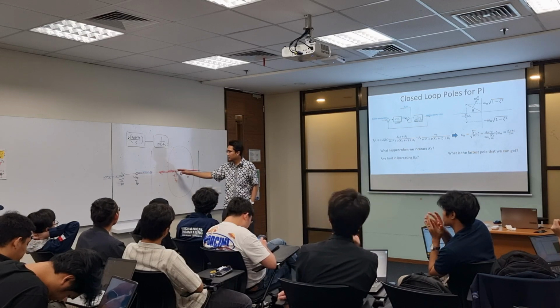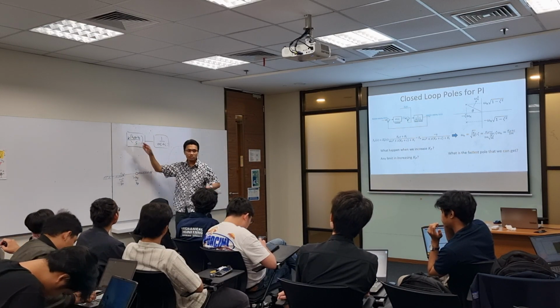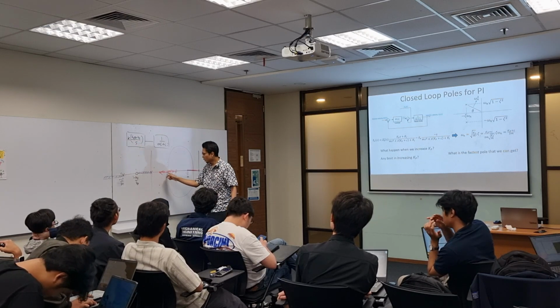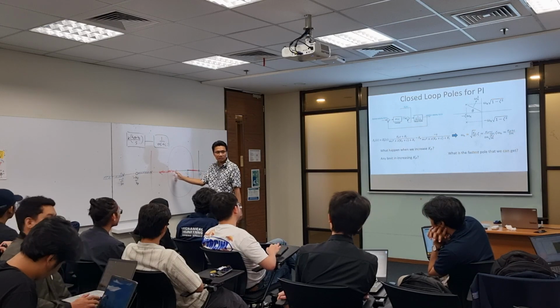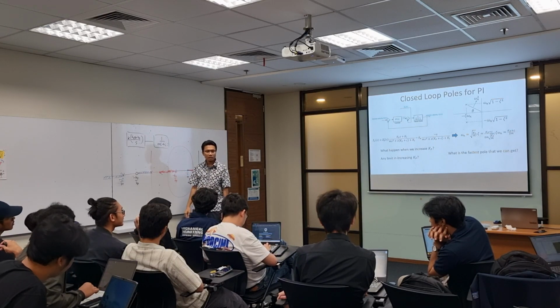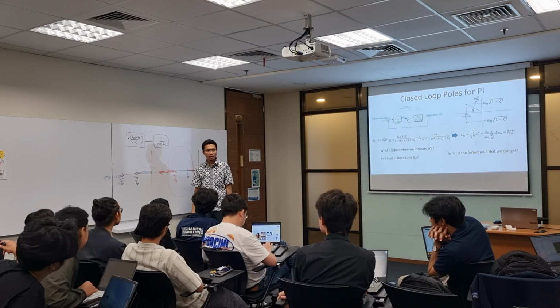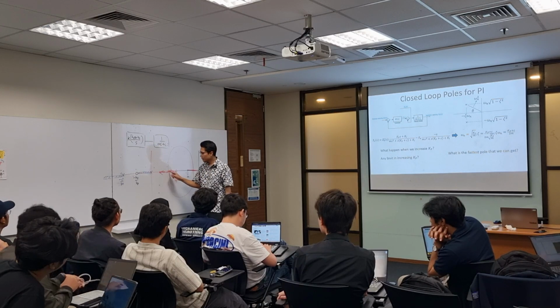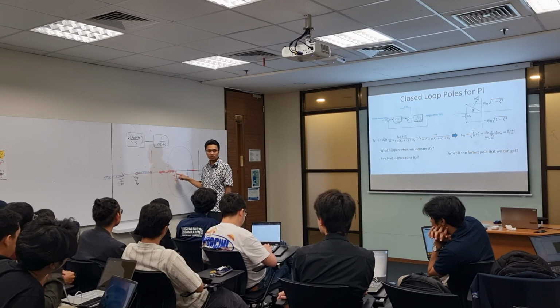What I mean is that as you increase your k in here, because you can adjust your gain, it will approach this. The fastest pole is at the value of minus ki over kp. Another case is if you want to make it here, that is faster than this, of course.